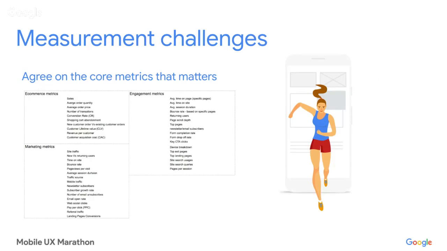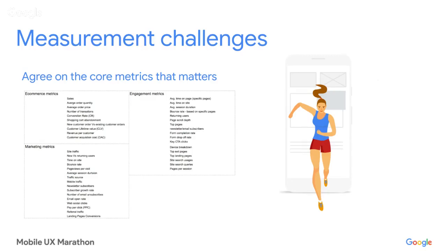The point I'm trying to make is there's different stakeholders with different KPIs. So what is important is that you as a UX professional put down a very, very clear metric that you will judge by, and you can agree with your stakeholders on secondary metrics, but communicate these well and get buy-in is the message.